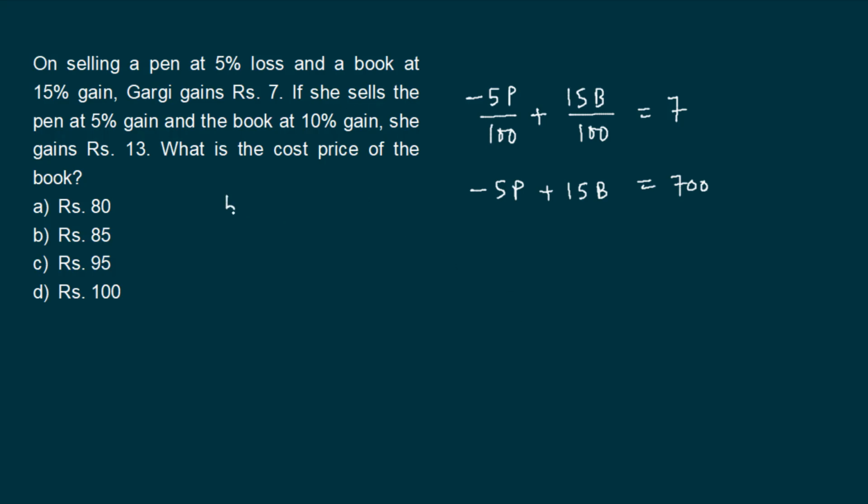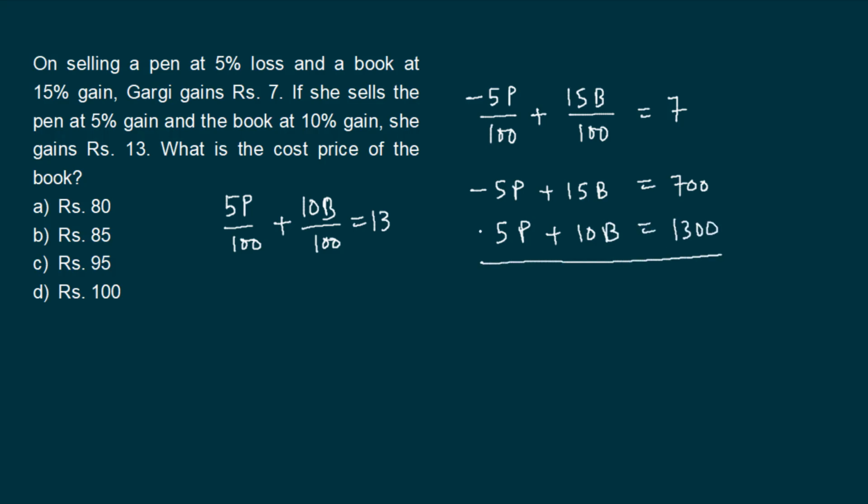If she sells the pen at 5% gain, that means 5p by 100, and the book at 10% gain, plus 10b by 100, she would have gained rupees 13. So we have another equation, 5p plus 10b is 1300.